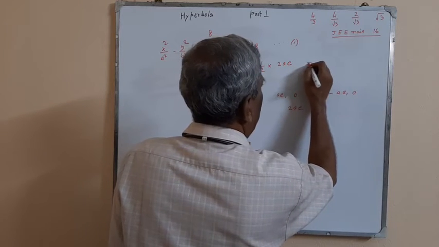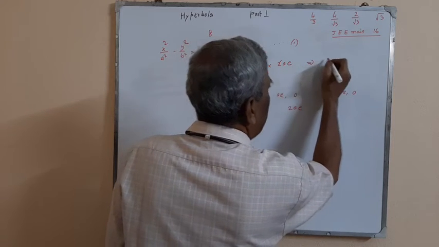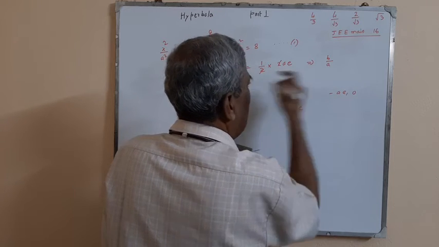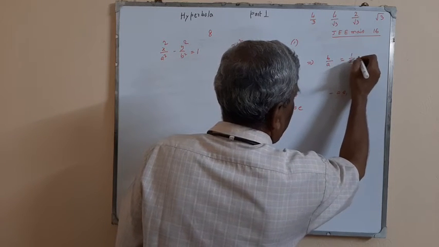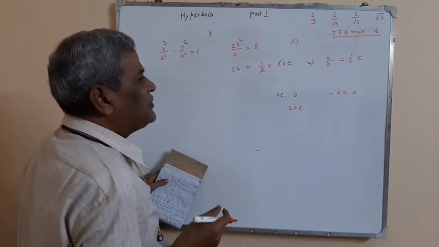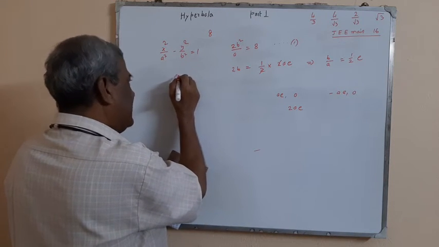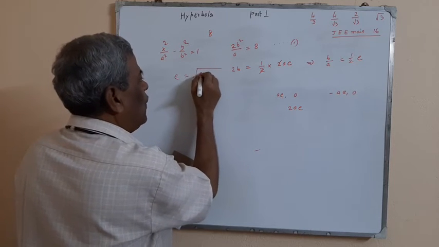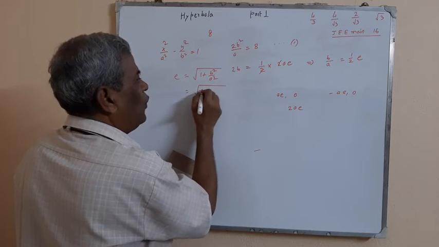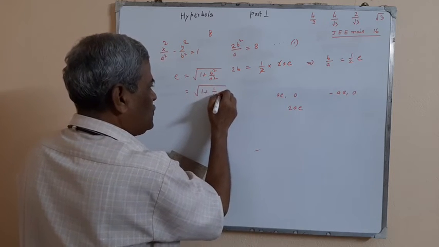So from there we get, 2 cancels, b by a is equal to half e. Moreover, we know the relation between a, b and e: e is equal to root over of 1 plus b square by a square, which means root over of 1 plus 1 by 4 e square.